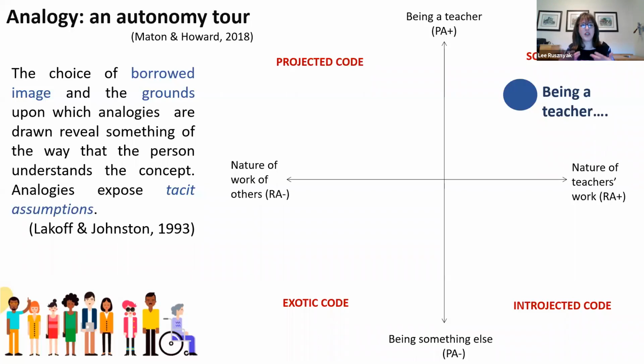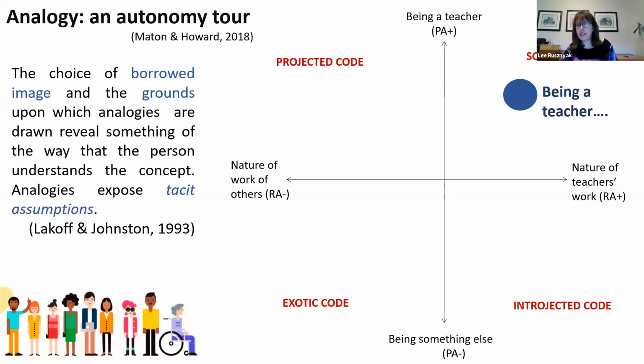And what Lakoff and Johnson talk about in their cognitive metaphor theory is that the choice of the image and the choice of the grounds of the comparison reveals something about the tacit beliefs and the assumptions and the conceptions that students hold, or that people hold when they make metaphors about something that is the most significant, the most salient. So we give them this as one of their tasks.